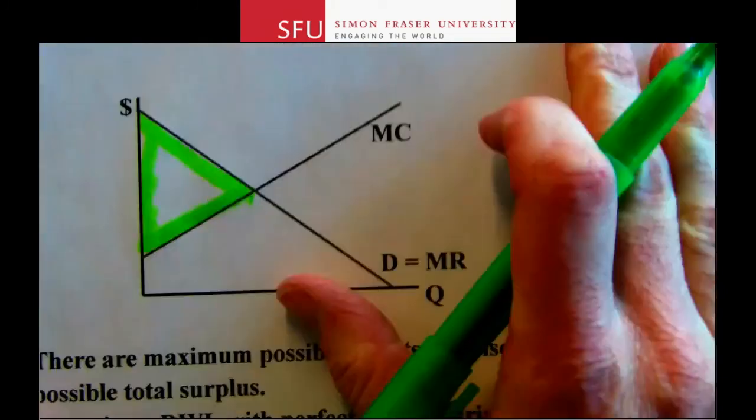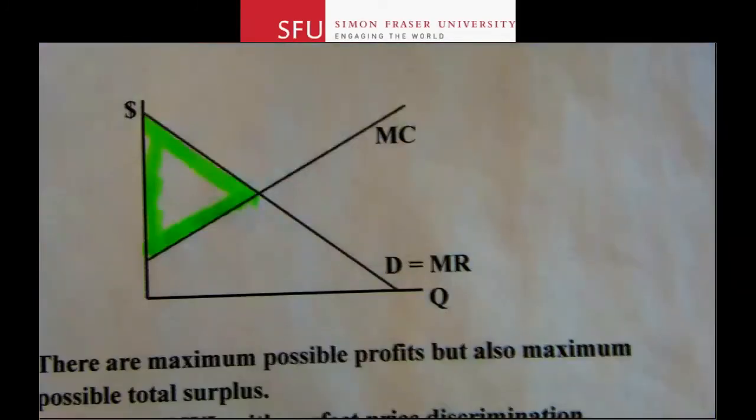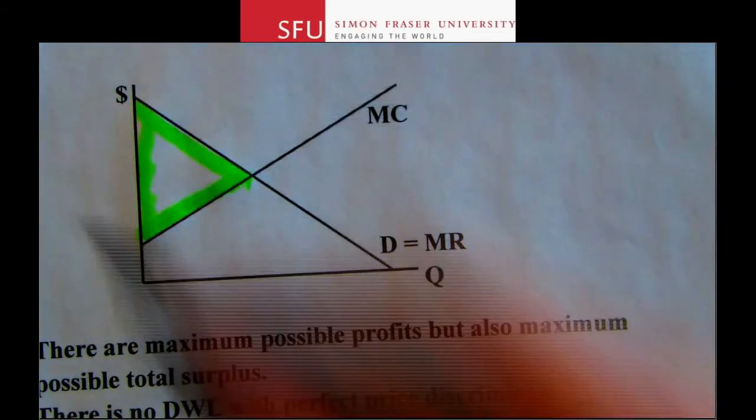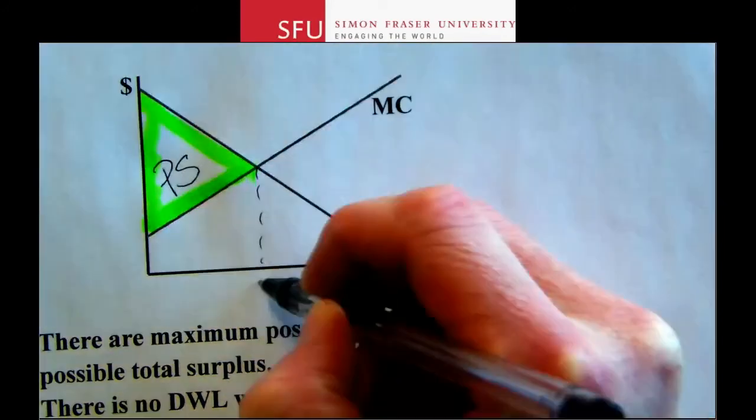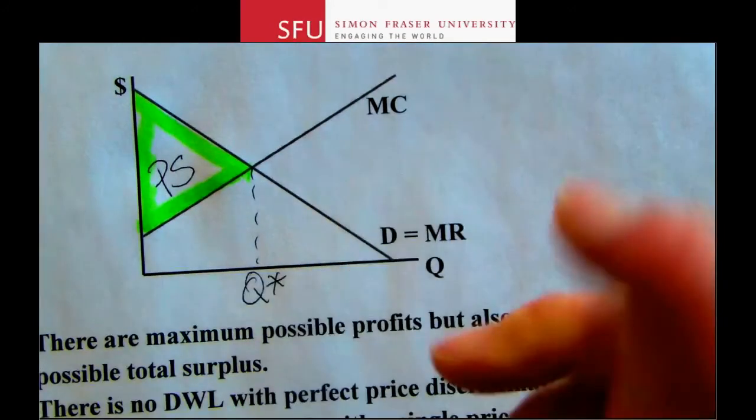So this whole area will be profit or producer surplus, and they will produce the quantity Q star.